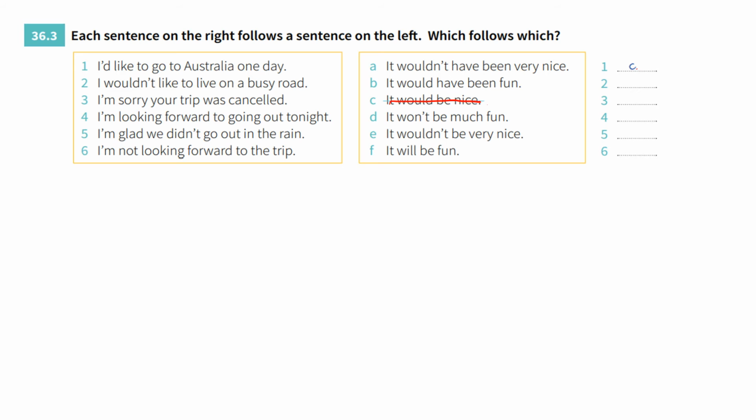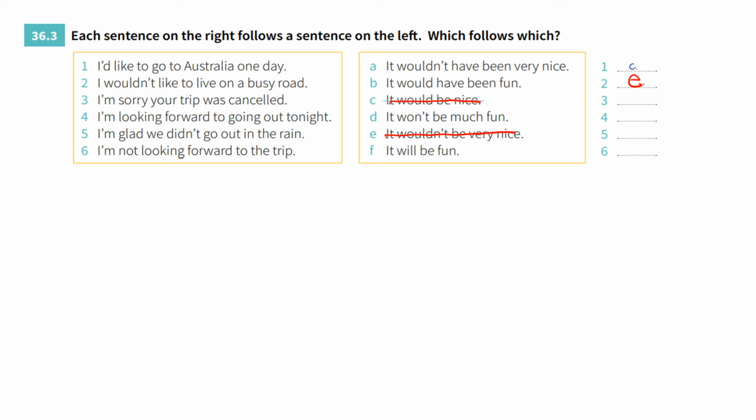Okay, so it has to be negative. So let's put E for number 2. Again, I wouldn't like to live on a busy road because it wouldn't be very nice.